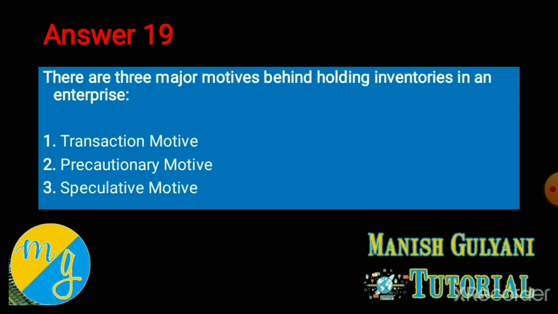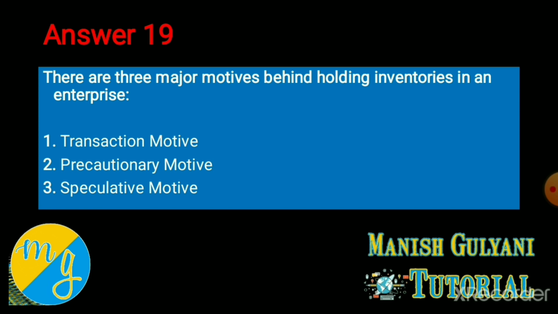You want your sales not to be affected by any shortage of finished goods or raw material, so you have to maintain records for day-to-day transactions related to buying and selling. So transaction motive is all about buying and selling for day-to-day operation. Your sale will not be affected by the shortage of raw material, so you have to maintain inventory for transaction motive.